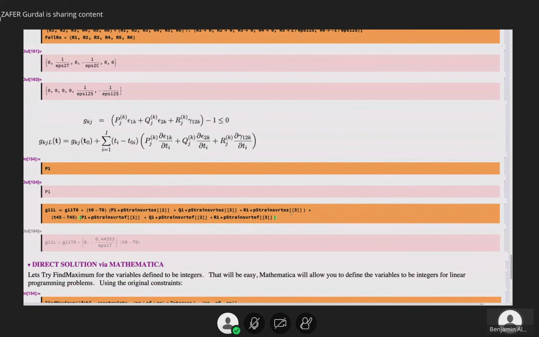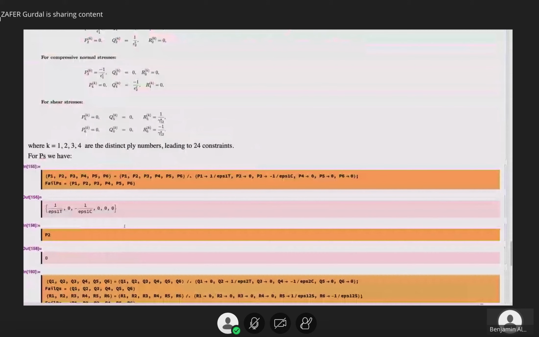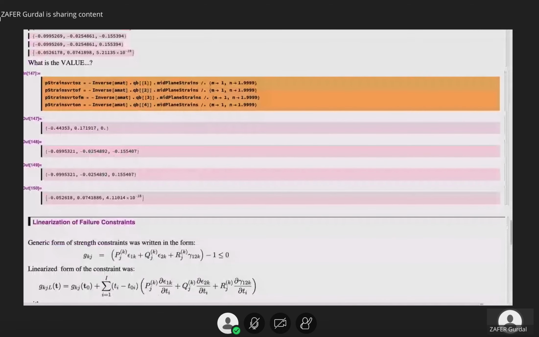With respect to the second design variable, and then plus, now with respect to the minus 45, so I'm going to put here TM minus 45, and this variable for that was of FM.